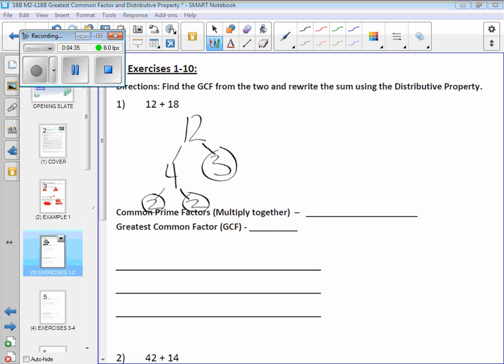Do 18. How many got the factor tree for 18? Just be careful when you add 6. Some kids like to put 3 and 3. 3 times 3 is 9, not 6. Okay, next thing. Cross out your common factors and list it once.